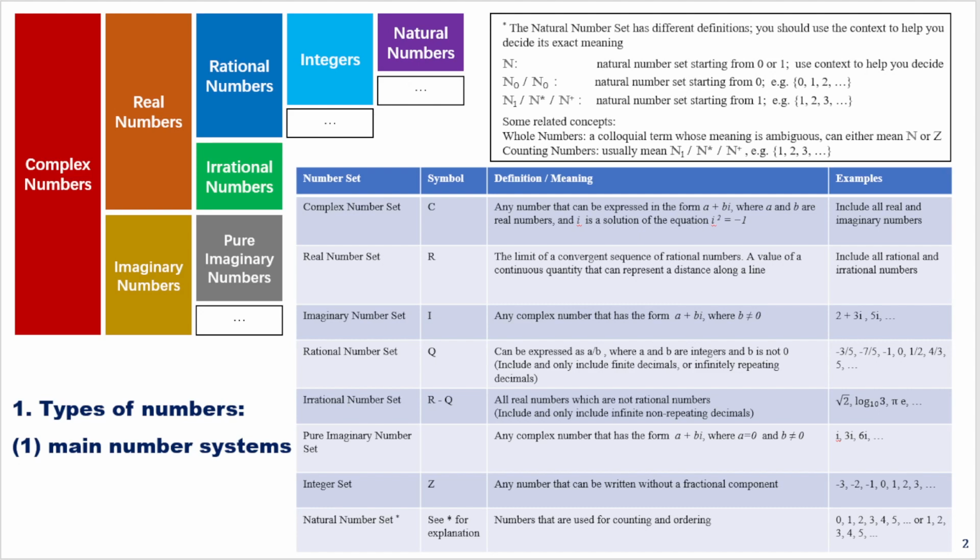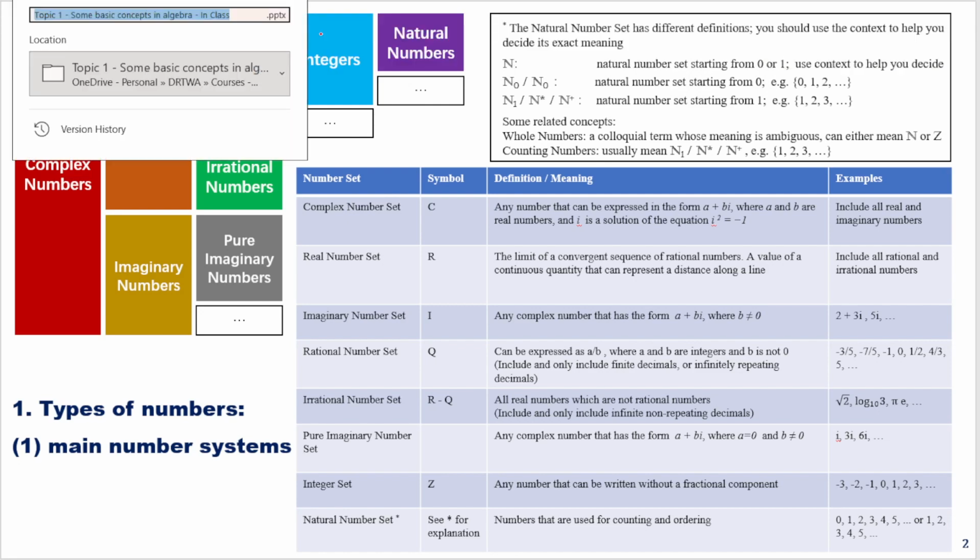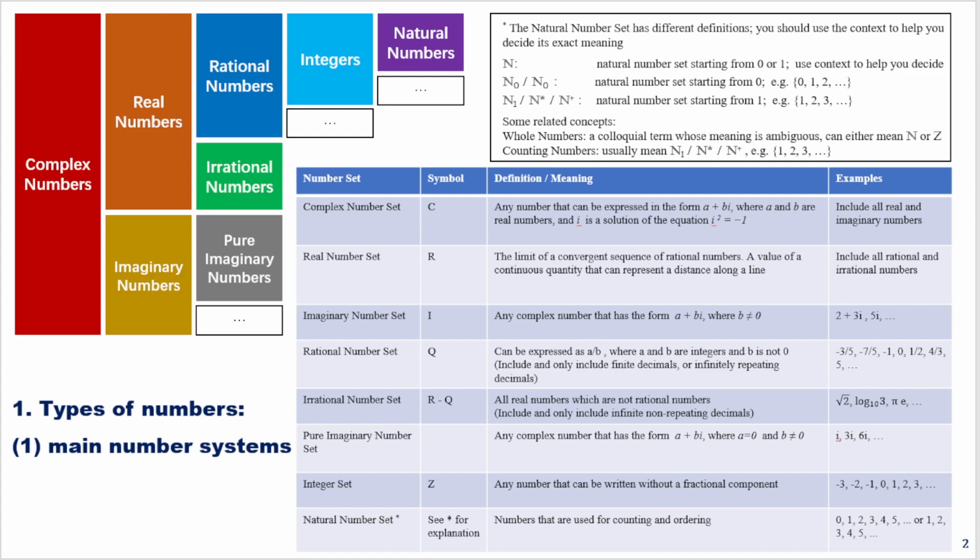So that leads us to the set of non-negative integers 0, 1, 2, 3, and so on, or just positive integers 1, 2, 3, 4, 5. So in that case, we have the first set of numbers, which is usually called the natural number set.